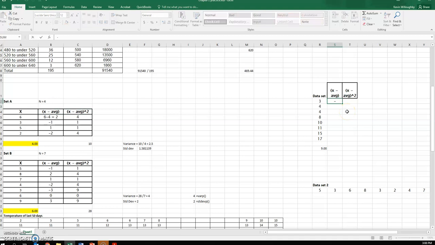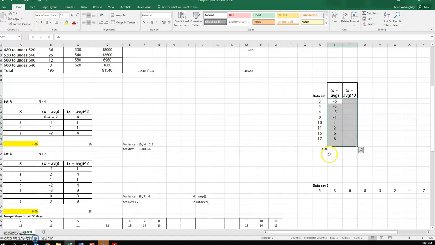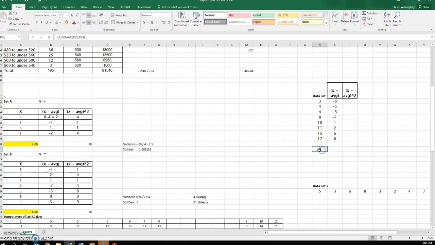So this is going to be negative 6. 4 minus the average, 8 minus the average, 2, 15 minus 9, 17 minus 9. Those numbers all have to be the same size for this to work out, or for me to keep balance in my life.